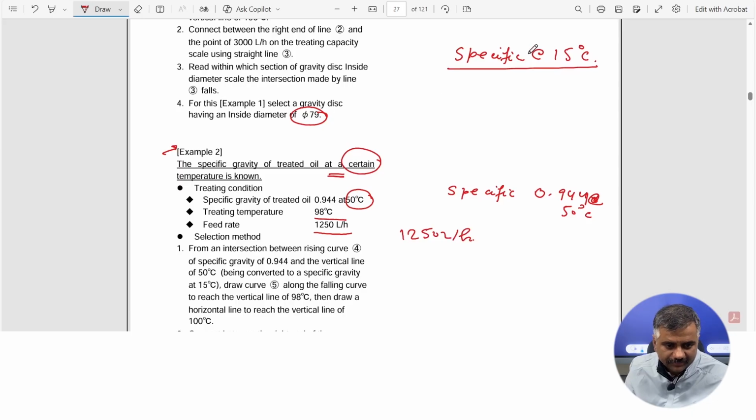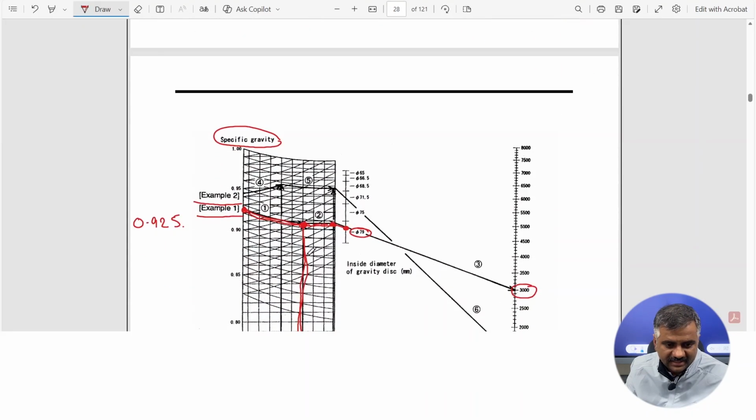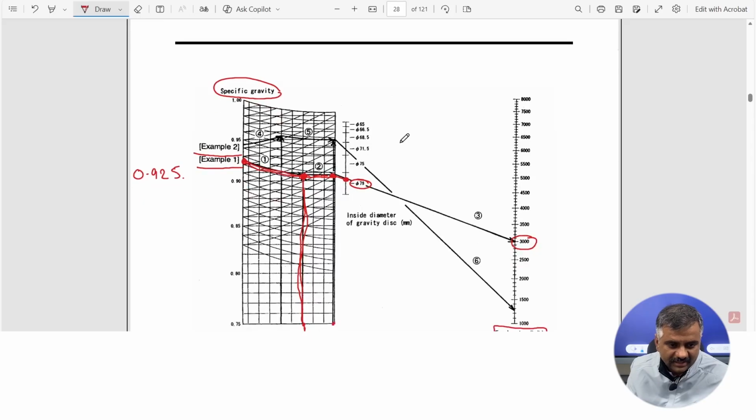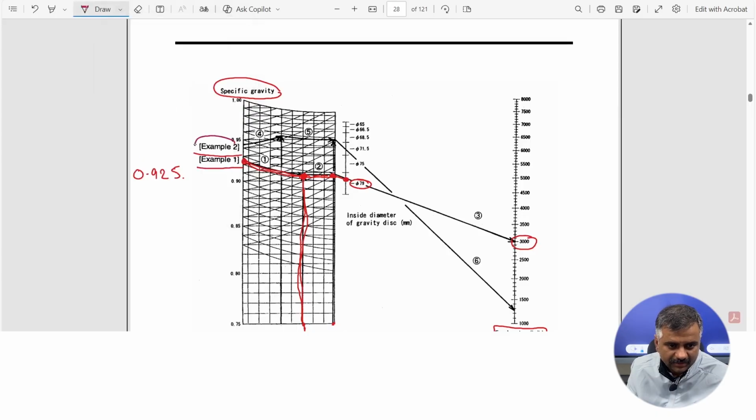Okay, now we can see in this diagram the example number 2. Let me take another pen for this explanation. In example 2 we see that 0.944 is somewhere here, and we are following an upward rising curve.